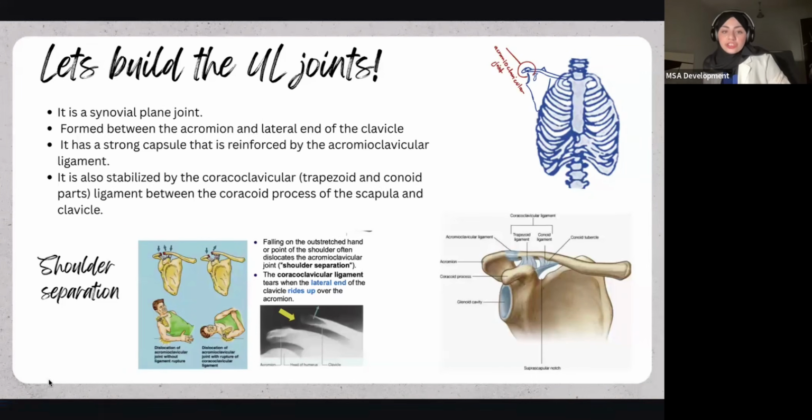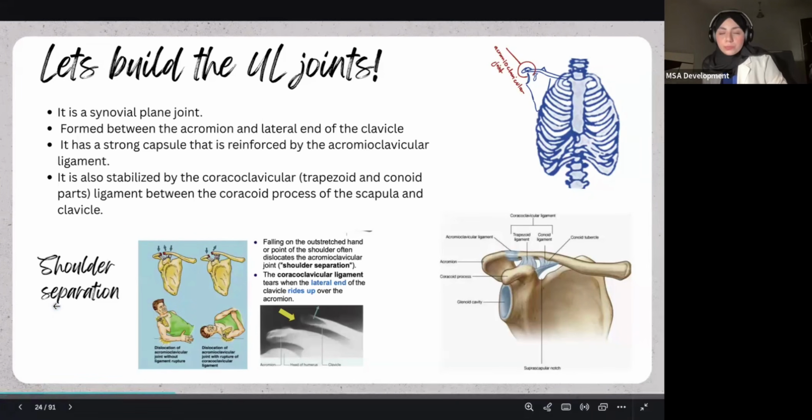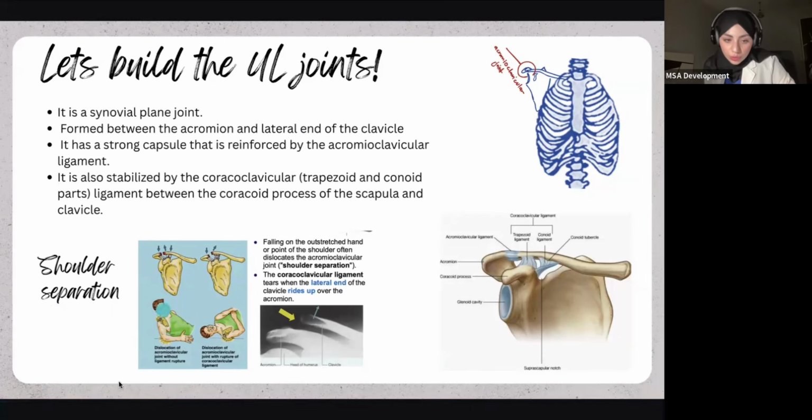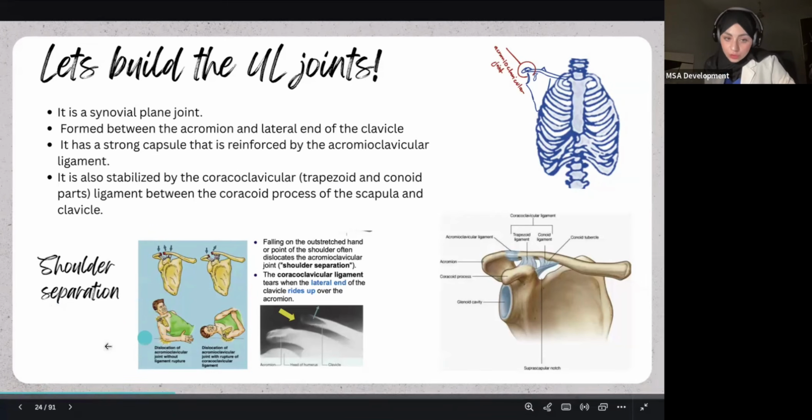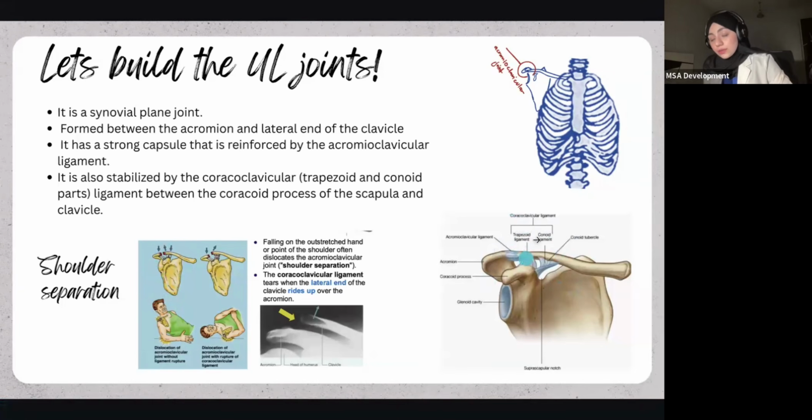Depending on how high energy this trauma is, I could only have separation of the acromioclavicular ligament and joint without the coracoclavicular ligament being involved, or I could have both of them involved. This is going to be a very severe injury.